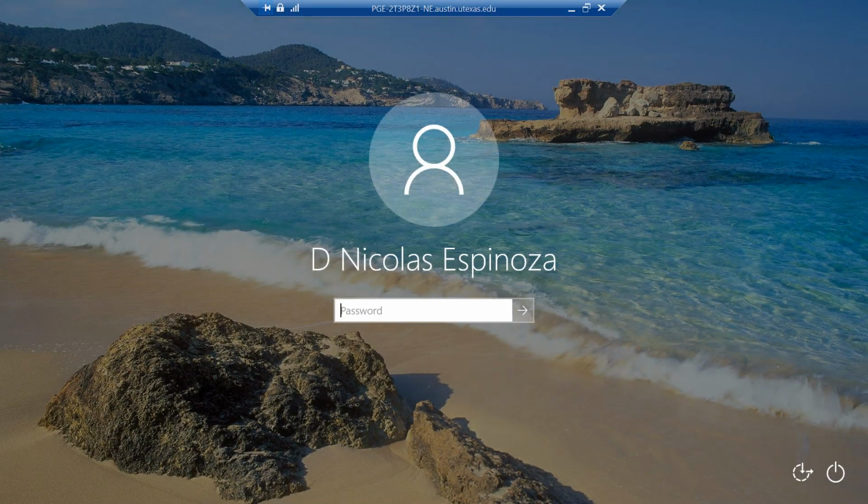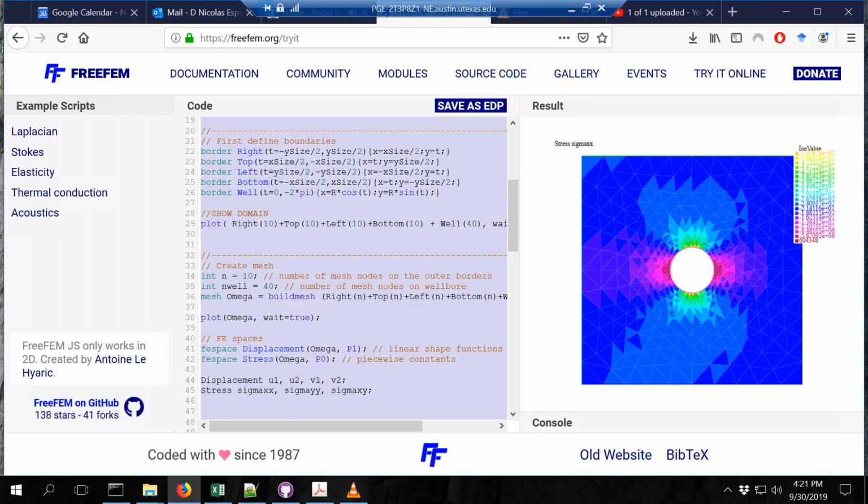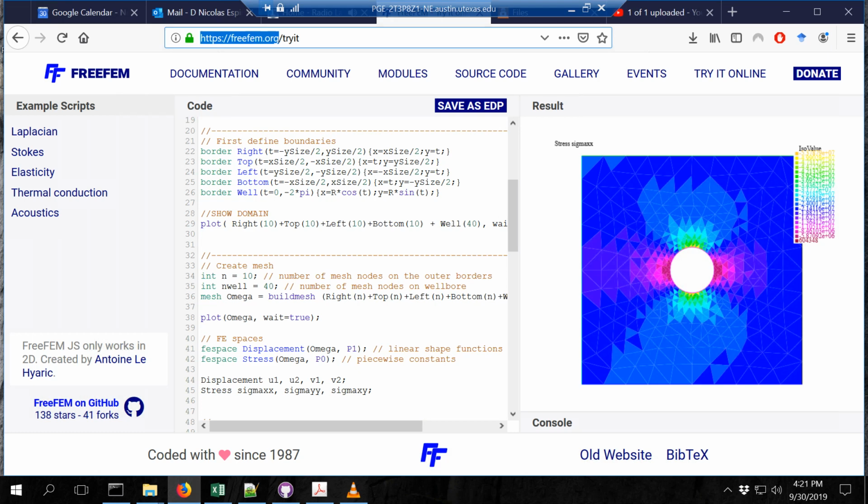All right? But in order to do that, I'm also going to open it on my computer. And before I open it on my computer, I wanted to point out that in case you couldn't install the software because it's your work computer and you don't have administrator rights, you can also run it online. So you go to this address and then you click on try it online.